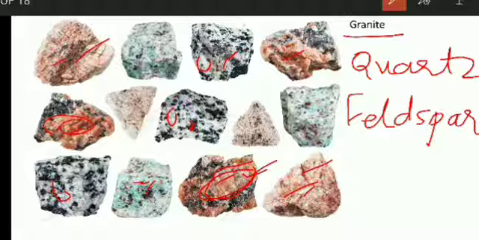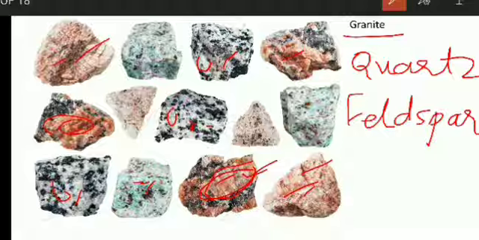Whatever white color you see, those minerals are quartz. Quartz also occurs in varieties of colors. We have smoky quartz, milky quartz. Based on color we have different varieties of quartz. You have to identify the minerals in the rock, then only can you decide which rock it is.